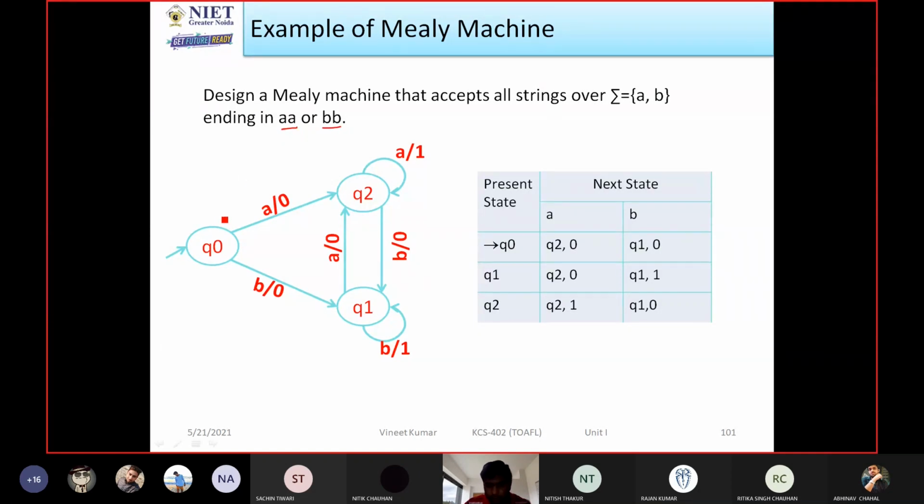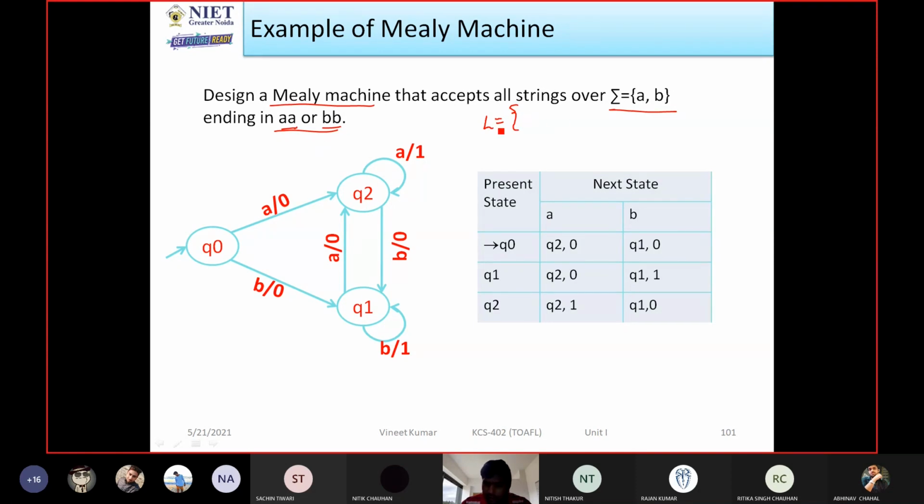Clear this point? We want to design a Mealy machine that accepts all strings over A B ending in either AA or BB. That means your language contains all strings that end in AA or BB.